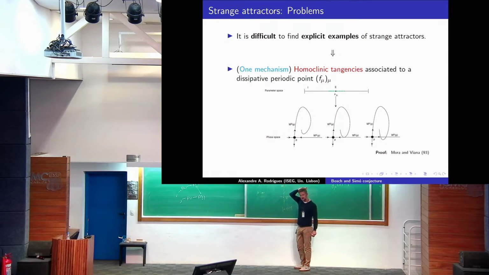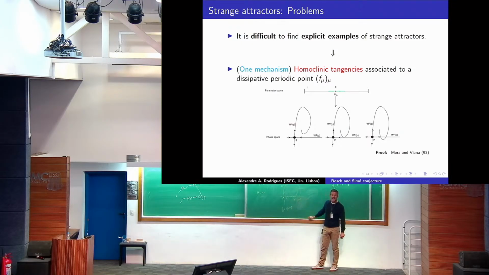Are you familiar with the unstable manifold? Okay. Let's define the stable manifold. The stable manifold of P is the set of points that are attracted to P in positive time. When n tends to plus infinity, the points will tend to P. The unstable manifold is the same when I reverse the time. So I'm going to assume that I have a tangency for a given parameter.